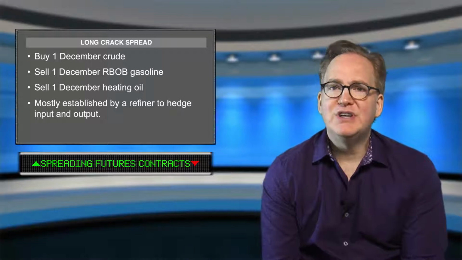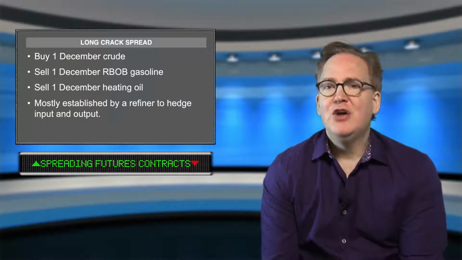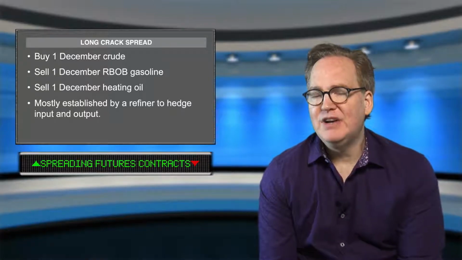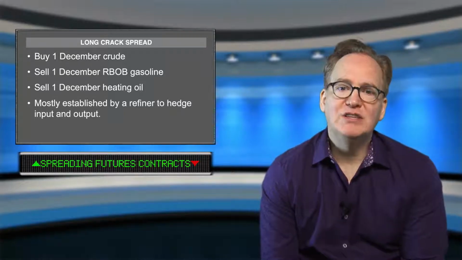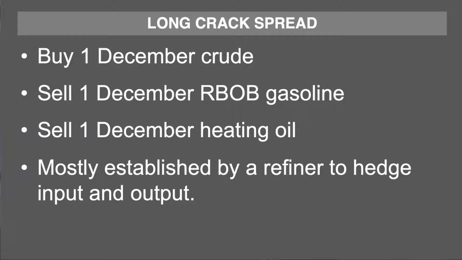So someone who is operating as a refiner could hedge both their input and their outputs by establishing a long crack spread. They could buy December crude, and sell December gasoline and December heating oil against it. So what have they done?